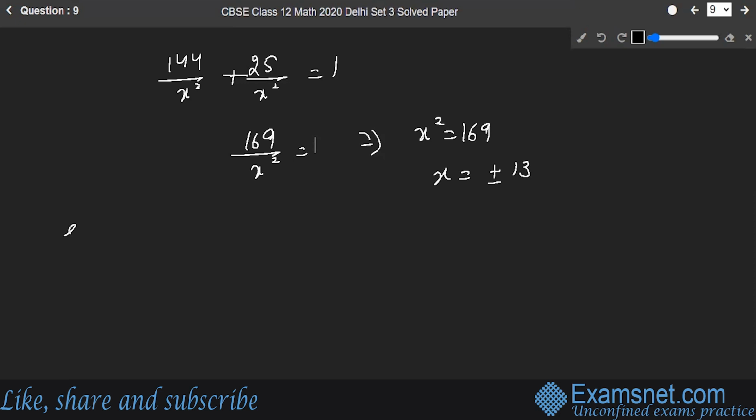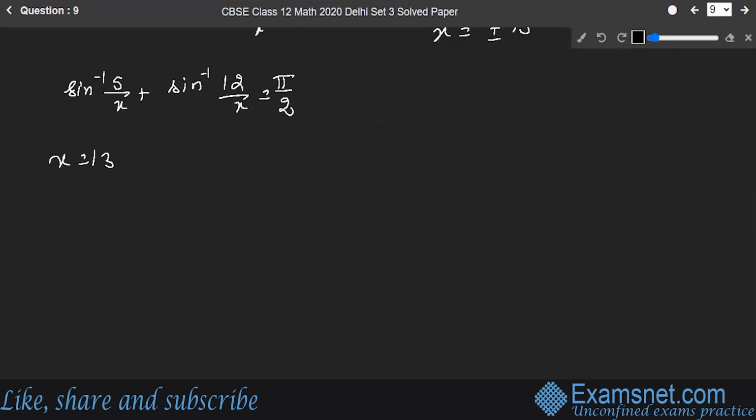Your given equation was sine inverse 5 by x plus sine inverse 12 by x should be equal to pi by 2. Now let's check for x is equal to positive 13. This will be sine inverse 5 upon 13 plus sine inverse of 12 upon 13, which should be equal to pi by 2.